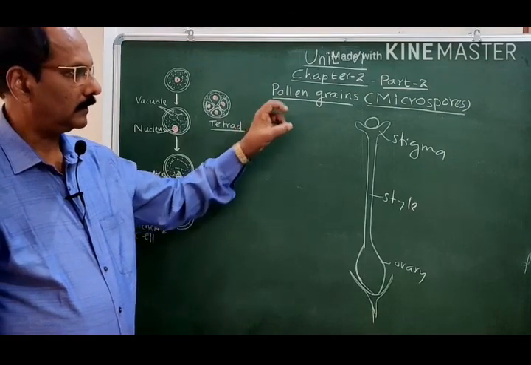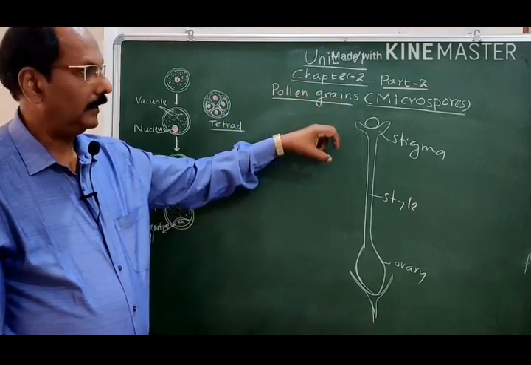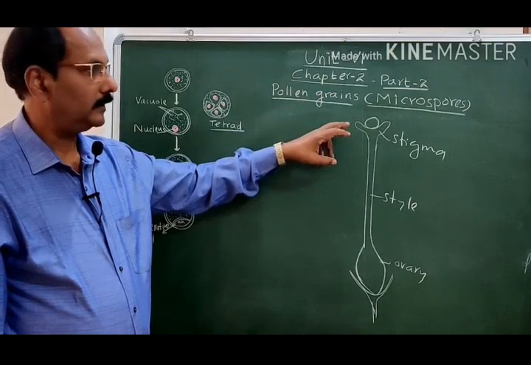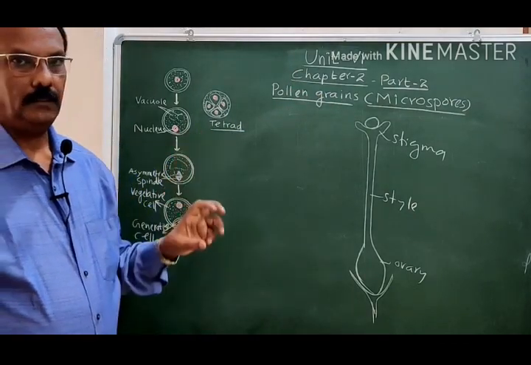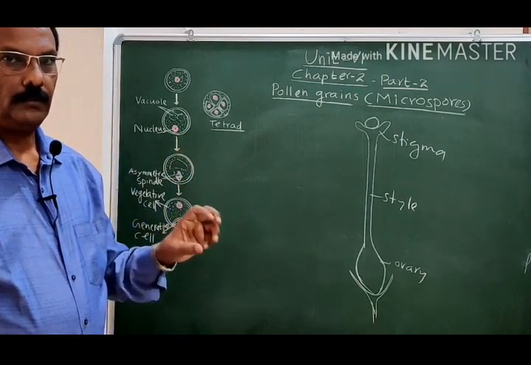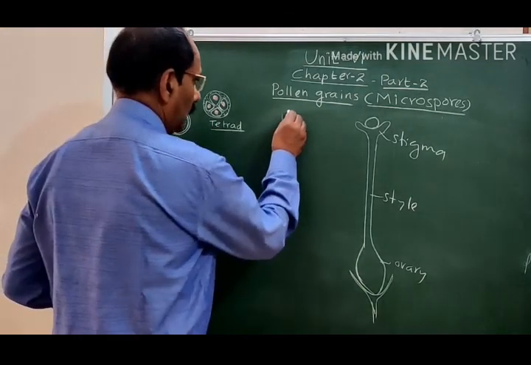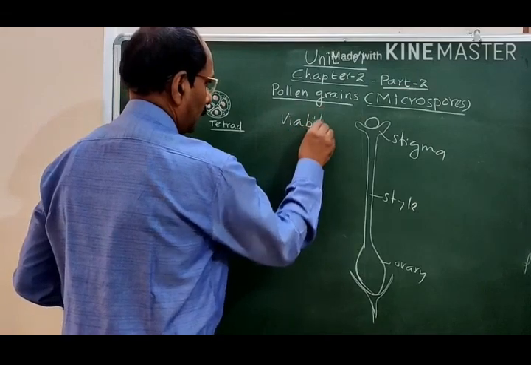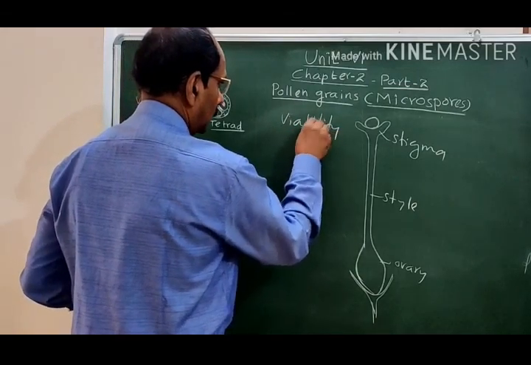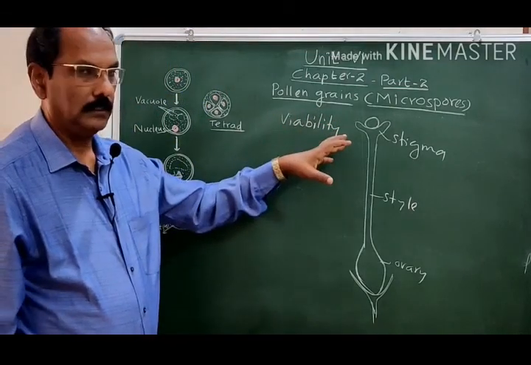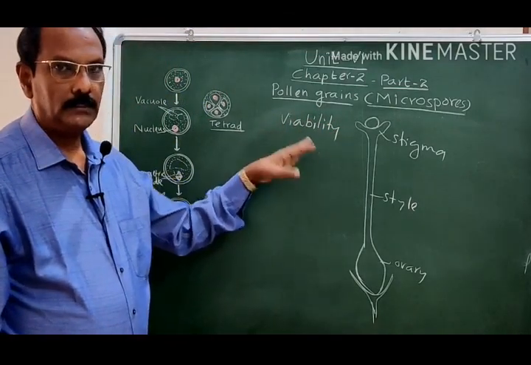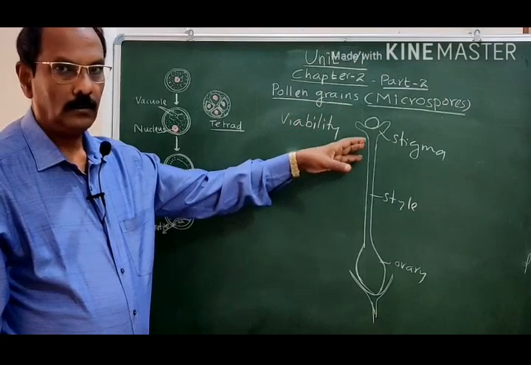The pollen grains must fall on the stigma in a viable condition, otherwise they cannot germinate. This viability period is different from one species to another. Once viability is lost, the pollen cannot germinate on the stigma.